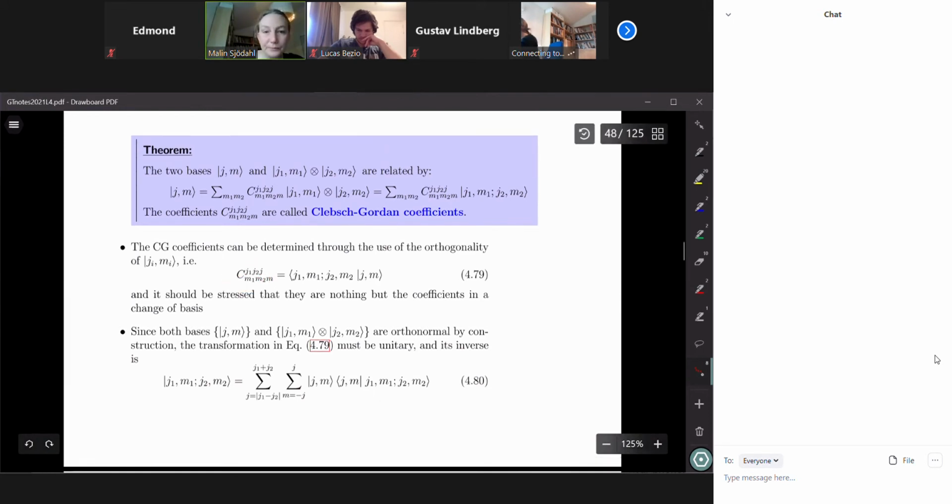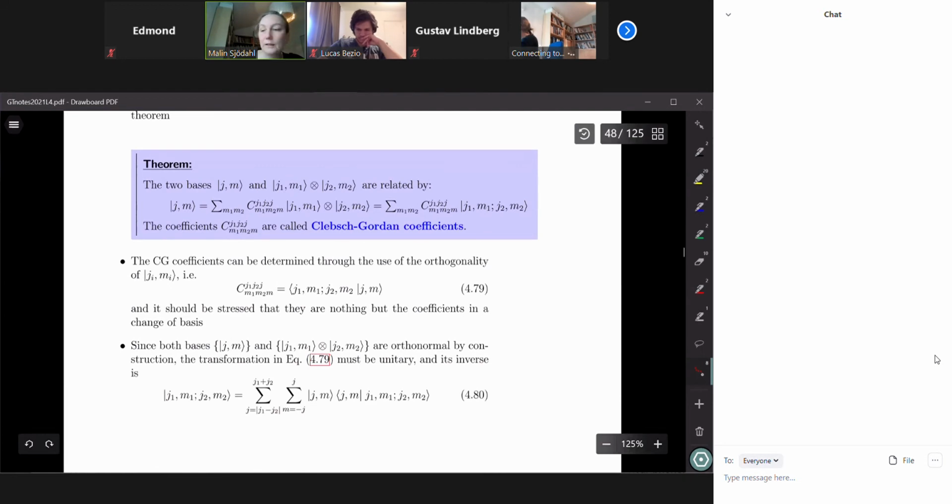So this Clebsch-Gordan coefficient from up here is given by the scalar product between the state of the total M and this state from here. So it's nothing but a scalar product.